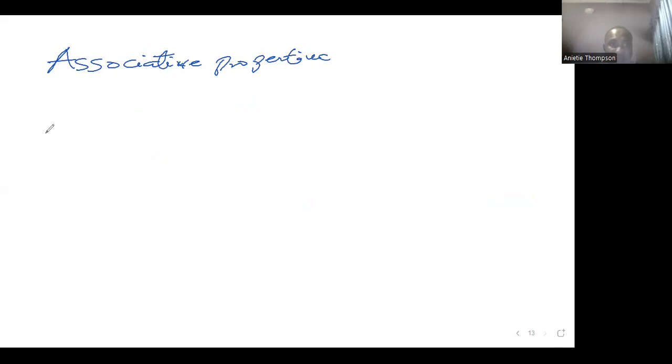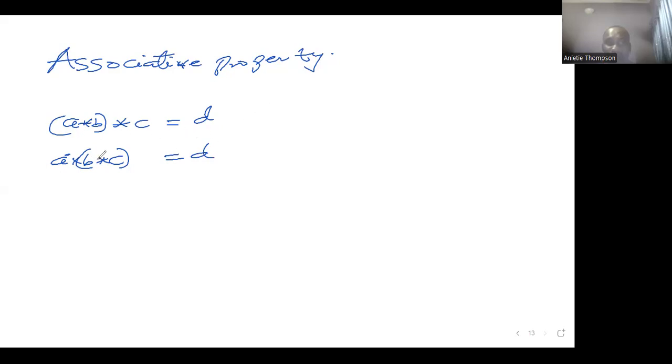Associative property says that if you have some element A asterisk B asterisk C, and you change the grouping, and you realize that if this is equal to, let's say, an element D, and you still also do A asterisk B asterisk C, and this time you combine this first before you allow this one to come into the result of this, if this also still gives you D, then we say that whatever the operator is and the elements, they are associative.